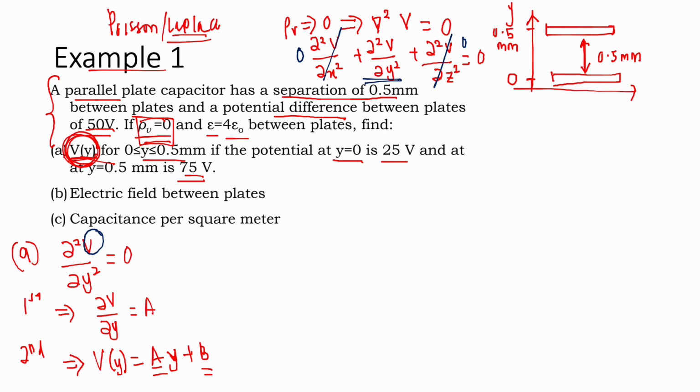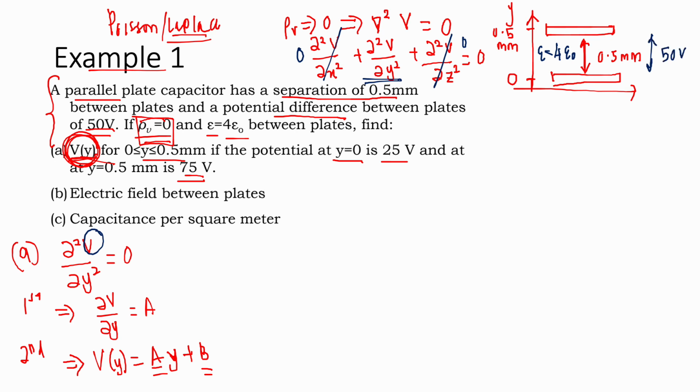The information we get from the question says the permittivity epsilon is equal to 4 epsilon naught, and the potential difference between the two plates is given as 50 volts.